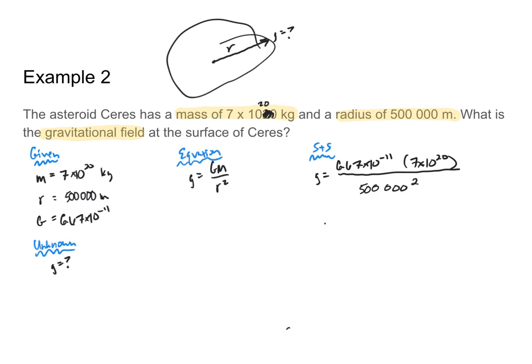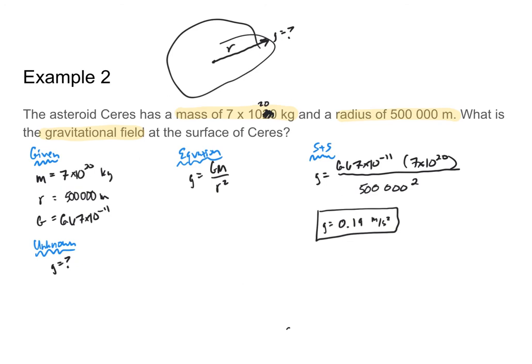When I throw that in my calculator, I get that little g is 0.19 meters per second squared. So if I were to take a box and go to Ceres, that's the rate at which that object would fall.